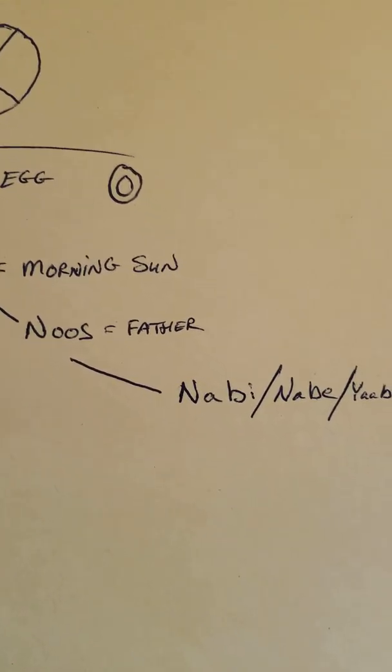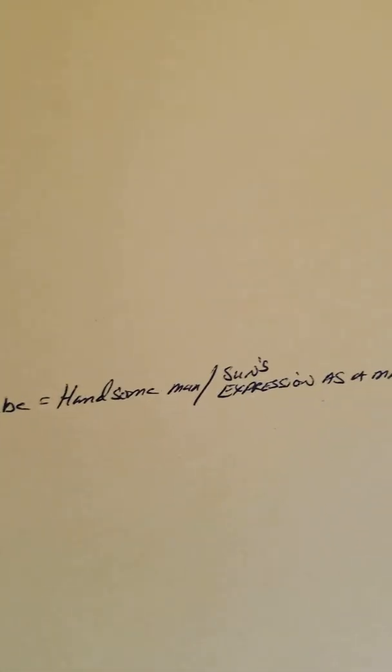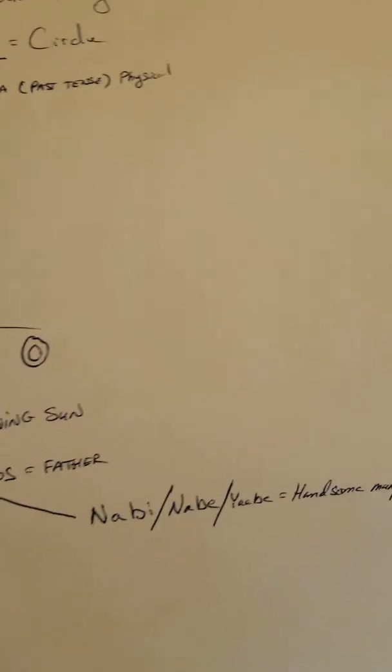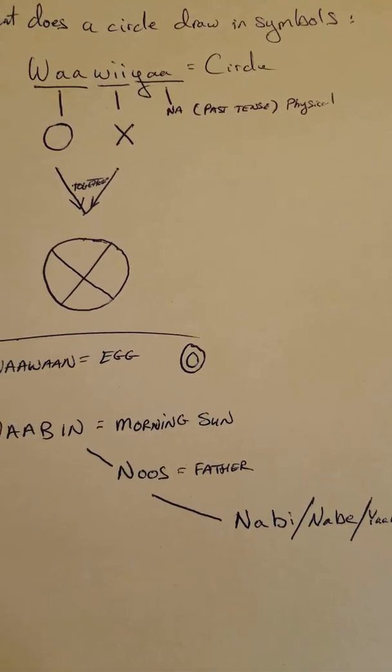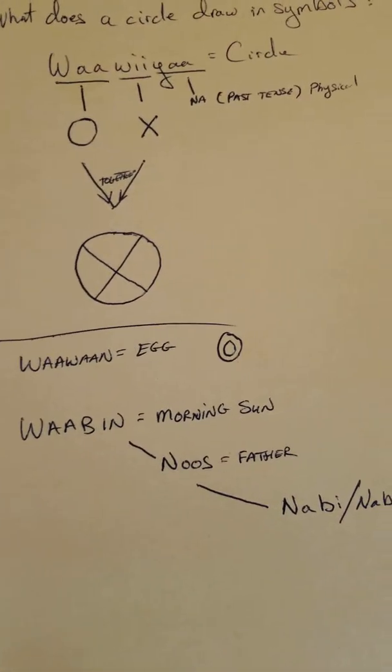And you know that's true because Nabi and Nabe or Yabe means a handsome man. It's the sun's expression as a man. So once you're born, it's metaphorically put as that versus female, which is an attachment. Anything that is undetached becomes a male figure. So the sun is independent here. So that's just food for thought.